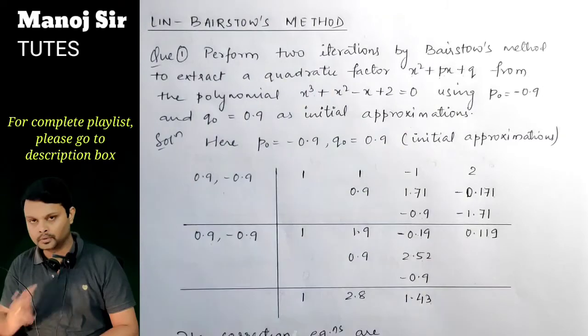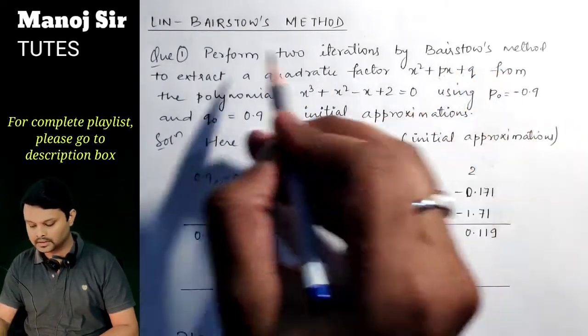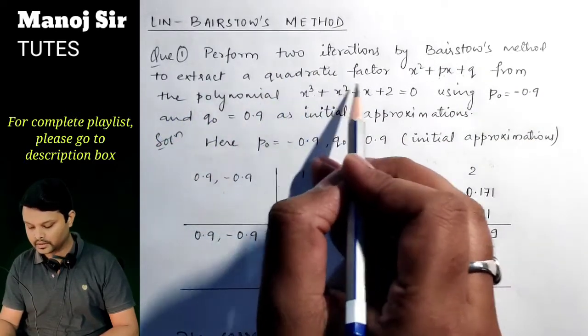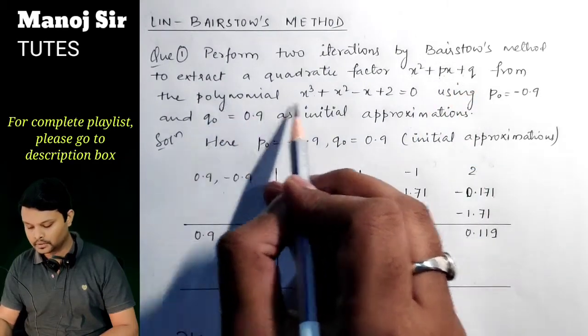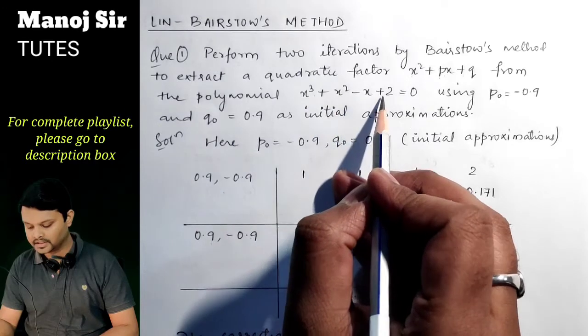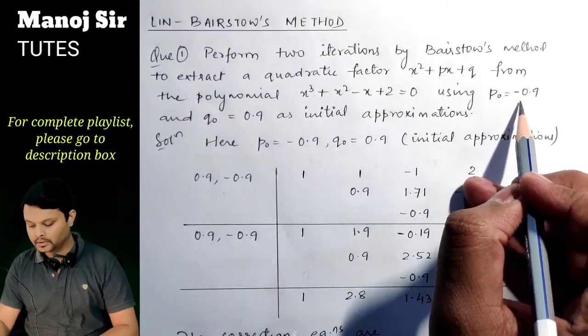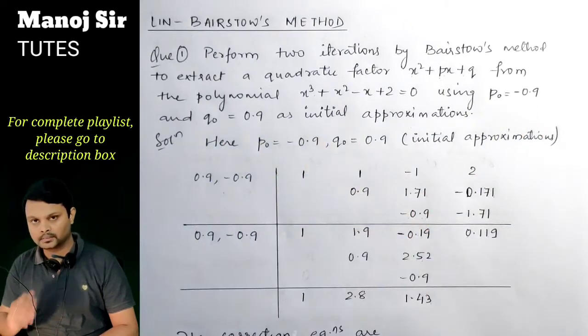Here we have to perform only two iterations by the help of Bairstow method, or you can say Lin-Bairstow method. And here we have to extract a quadratic factor, that is x square plus px plus q, from this cubic equation, x cube plus x square minus x plus 2 equals to 0, with p naught equal minus 0.9 and q naught equals 0.9 as the initial approximation.